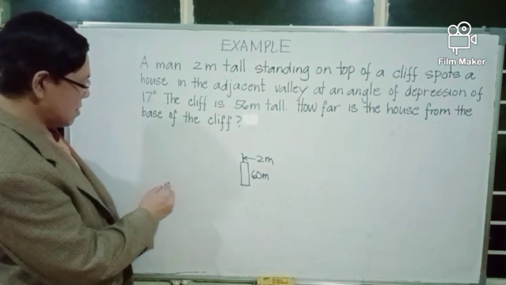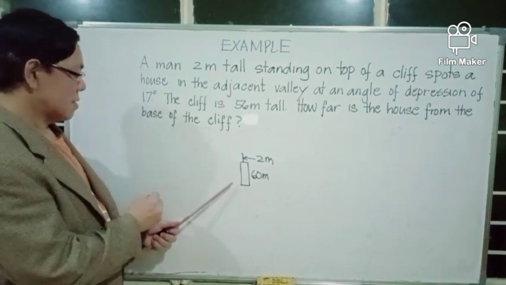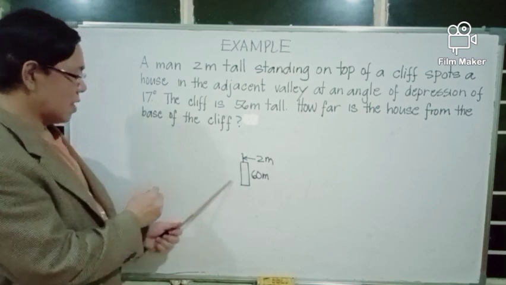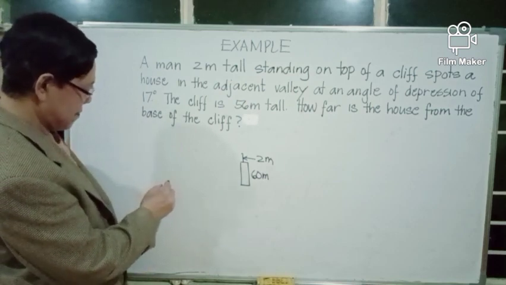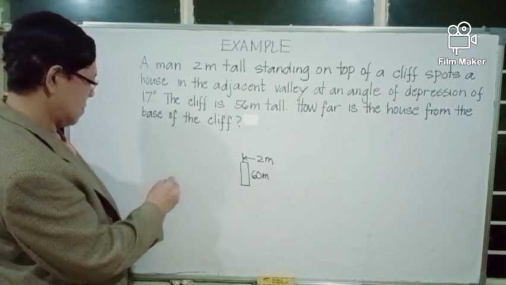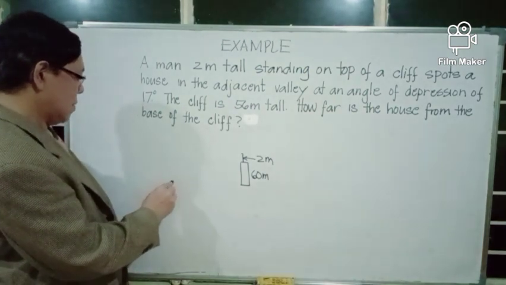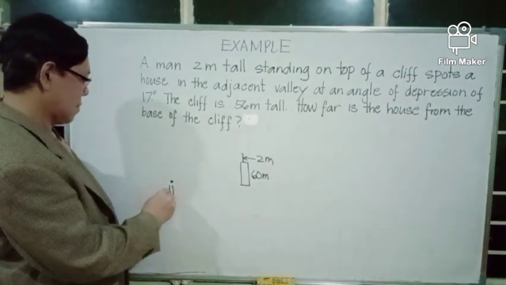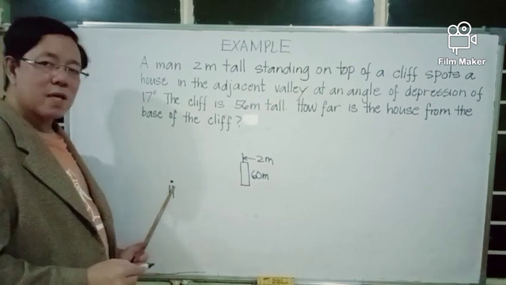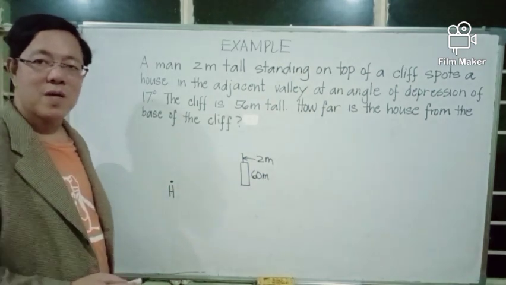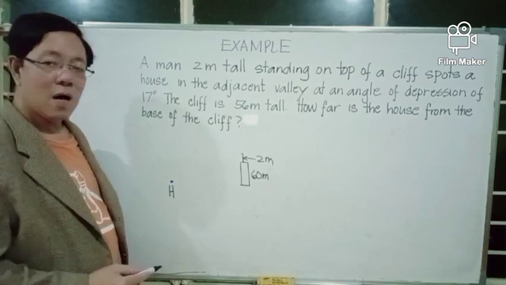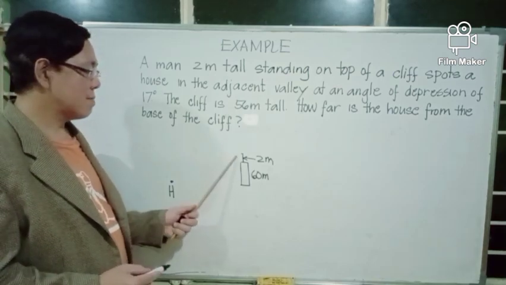Suppose the house is to the left of the cliff. We take this point as the location of the house spotted by the man.